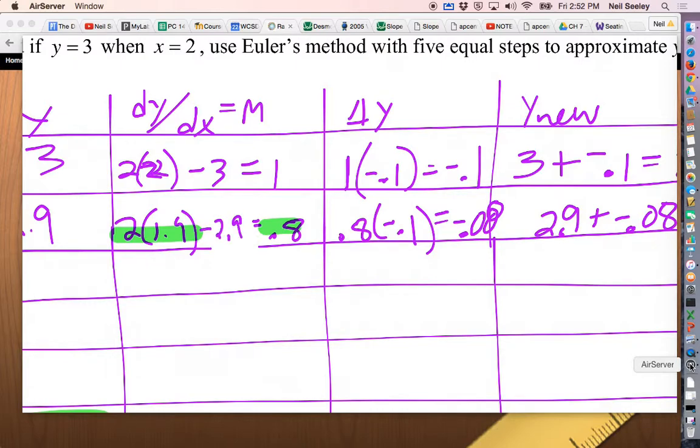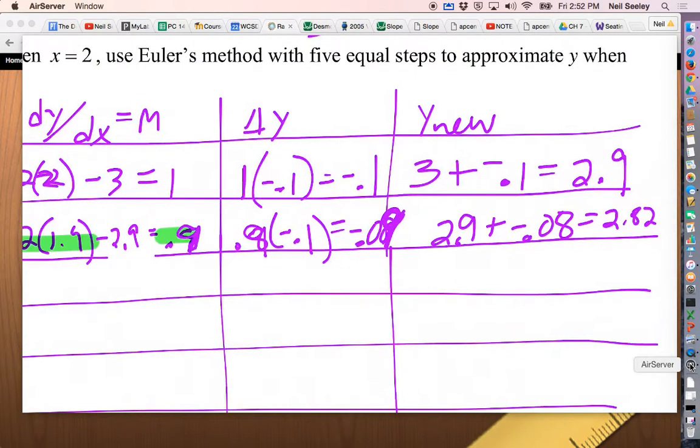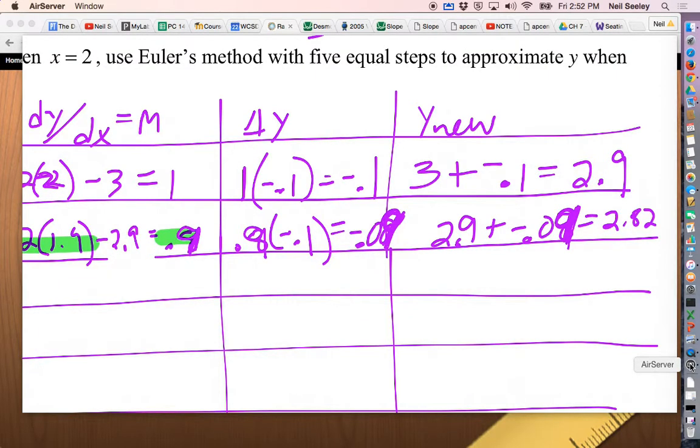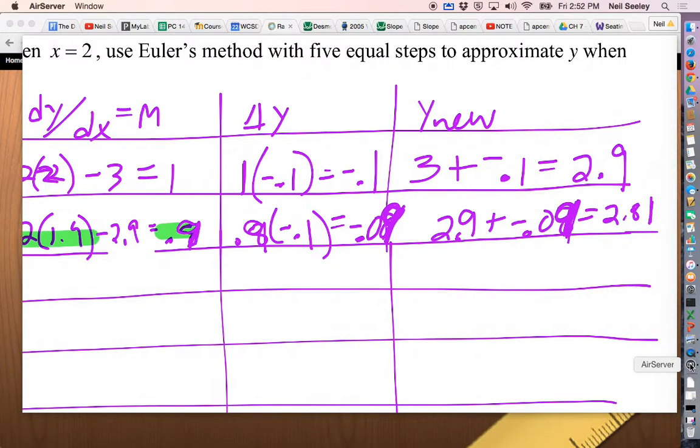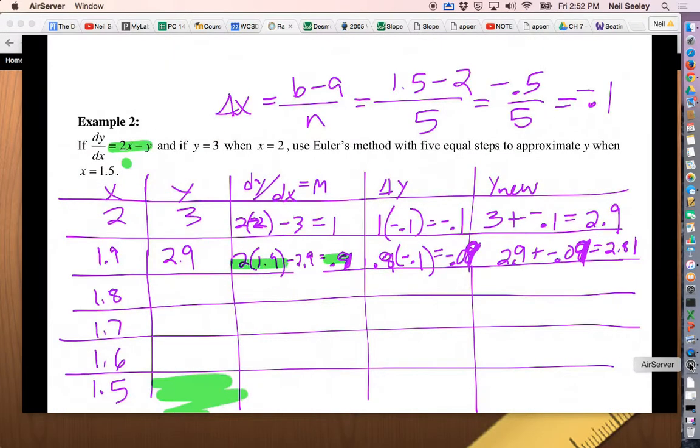Looked at the wrong row. 0.9. That's better. So that's 0.9 times 0.1, so 0.09. And then 2.9 minus 0.09 changes that one a little bit. 2.81. Way to go, Austin. That's better.